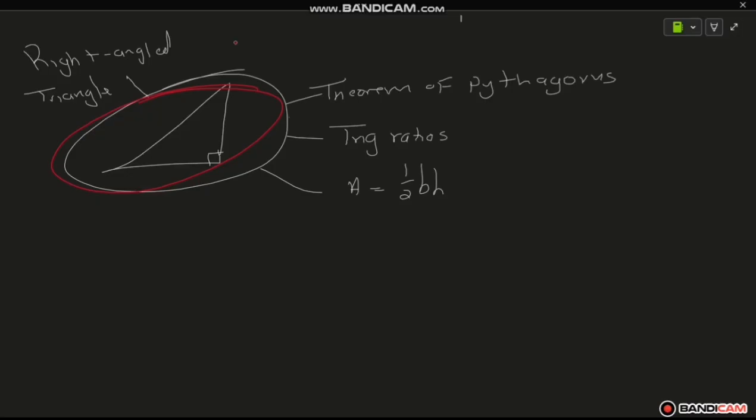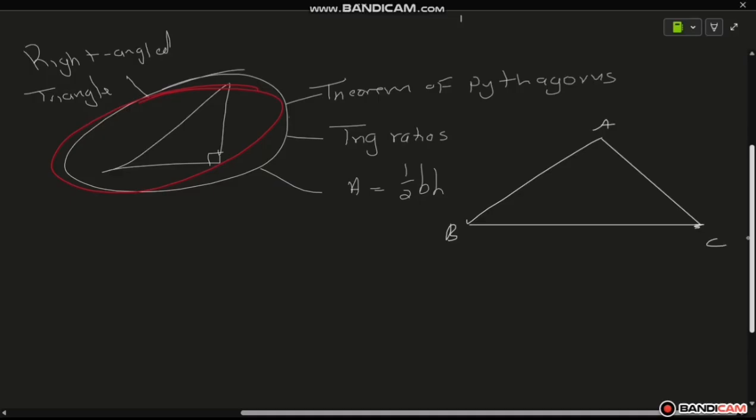Okay, but they can give you a triangle that is a non-right angle triangle. A non-right angle triangle is a triangle that is not a right-angled triangle, as it says. So this is a non-right angle triangle. Why? Because it doesn't have a 90-degree angle. I hope that makes sense. This is a triangle ABC. It's a non-right angle triangle, meaning we cannot use the theorem of Pythagoras here.